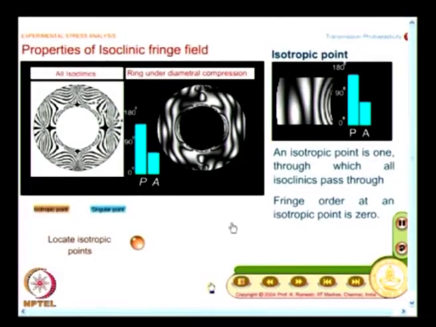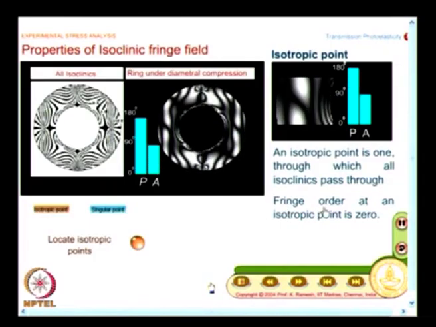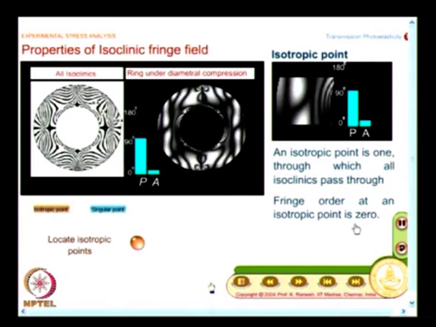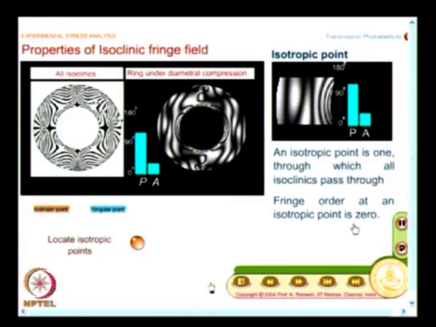Since you have seen that, now you can appreciate this point, and you have the advantage that the fringe order at an isotropic point is 0. See here, I tried to find out a property of an isochromatic fringe field by looking at the isoclinic fringe field. I can switch back and forth and then verify this is 0th fringe order.